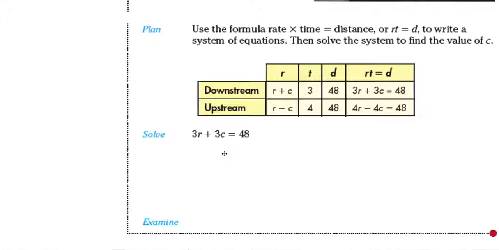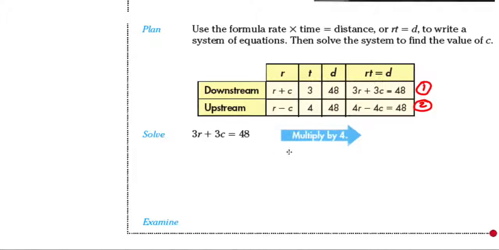And we now want to eliminate one of the variables. Let's name our equations: equation number 1 and equation number 2, downstream and upstream. If we multiply equation 1 by 4 and equation 2 by 3, we would find the LCM of 3 and 4, which is 12.